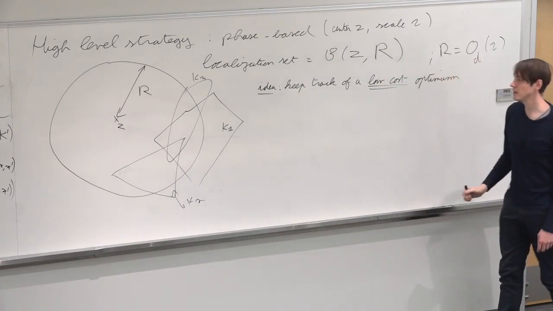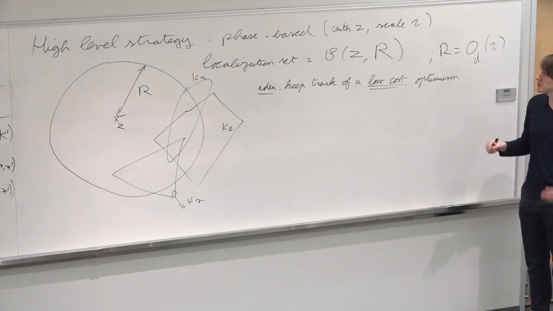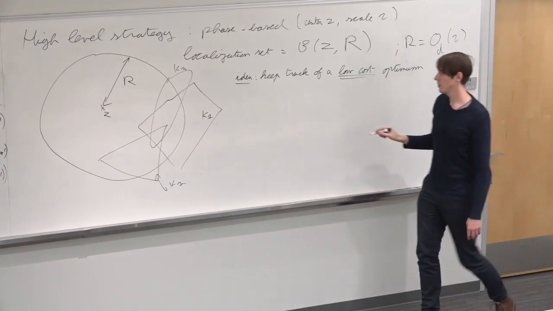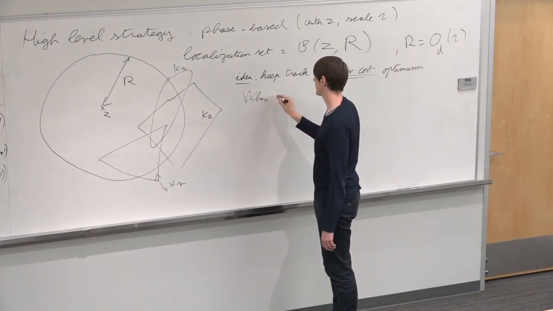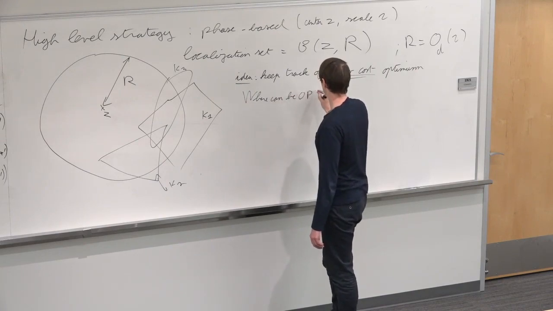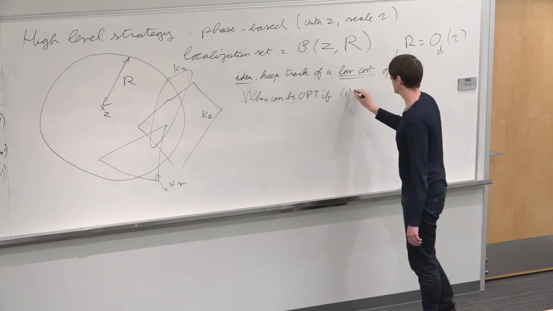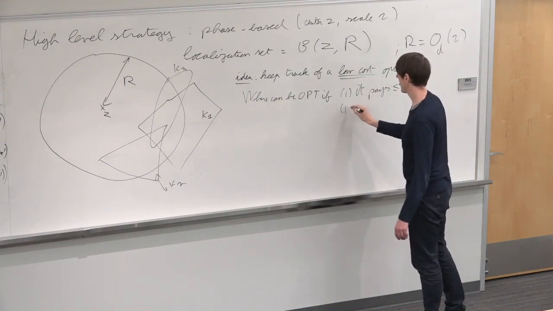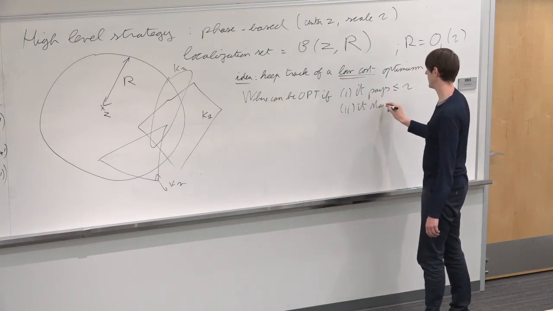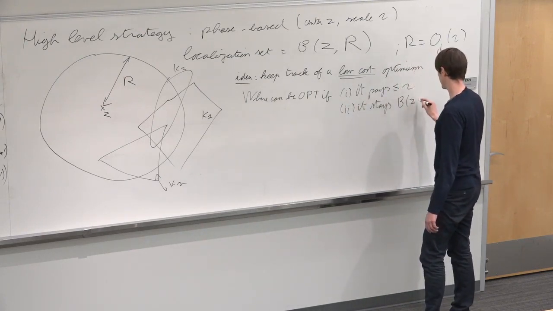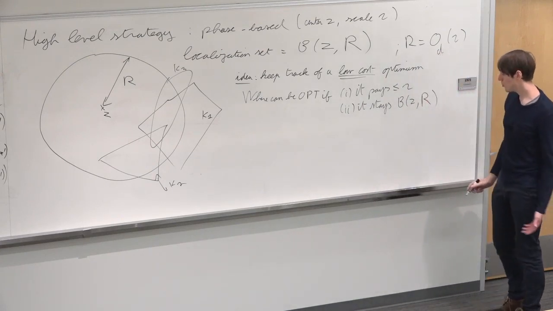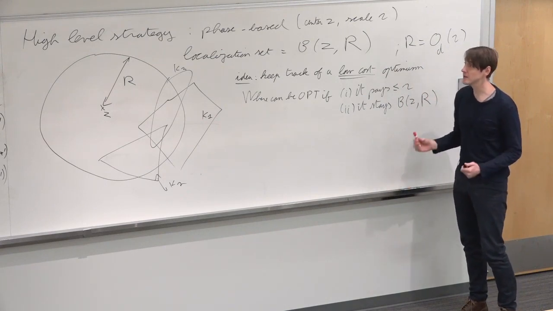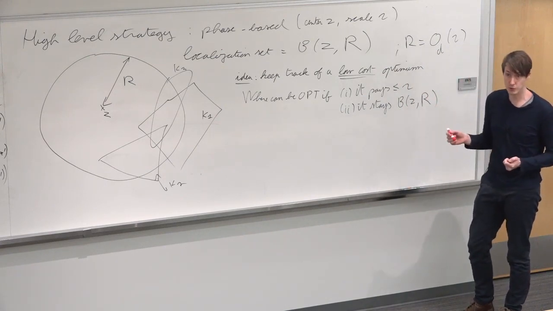What I'm going to say is: where could opt be if, one, it pays less than little r, and two, it stays in our localization ball? One thing we definitely know is that if it's paying less than little r, it has to stay at distance little r from all of the constraints.